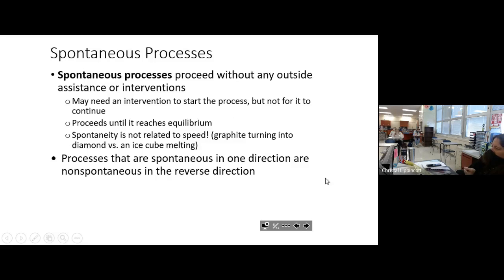So processes that are spontaneous in one direction are non-spontaneous in the other. Sometimes we can get them to go the other direction, like I said, by adding energy in or taking energy out. With the ice, we can change that by altering the amount of energy being input.